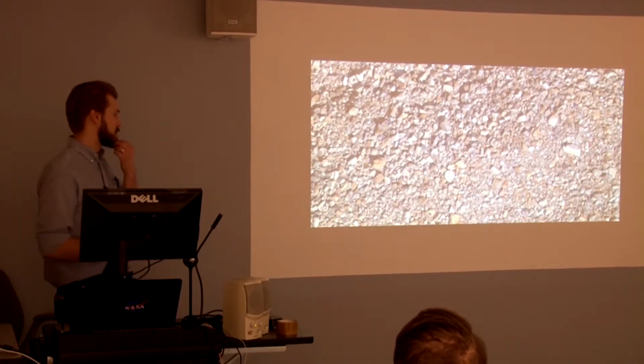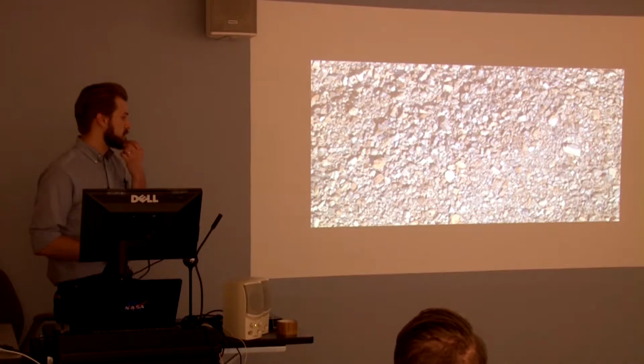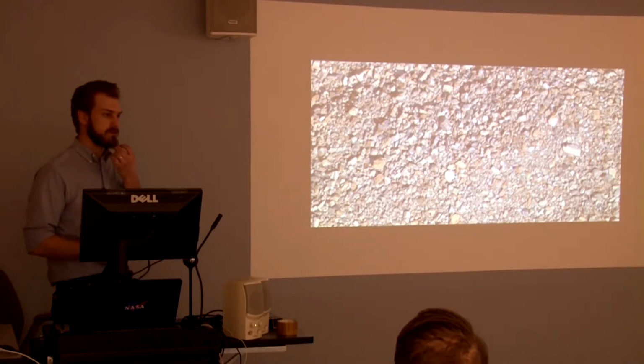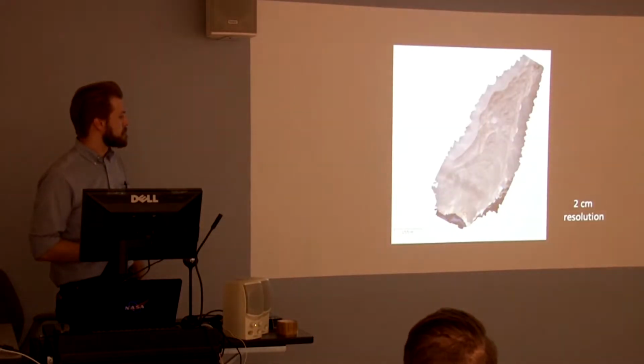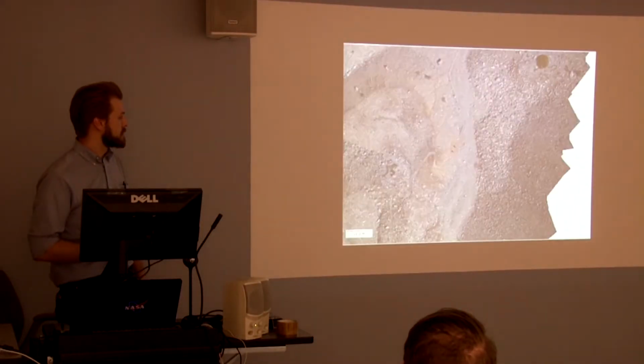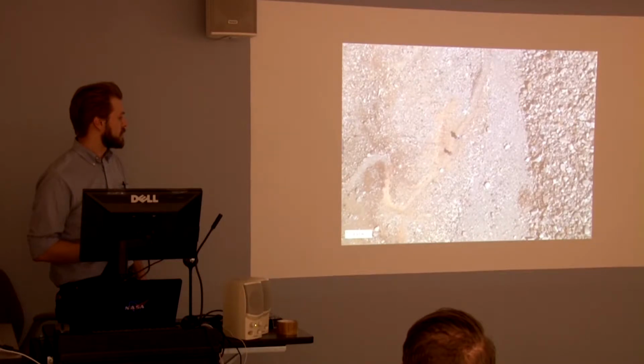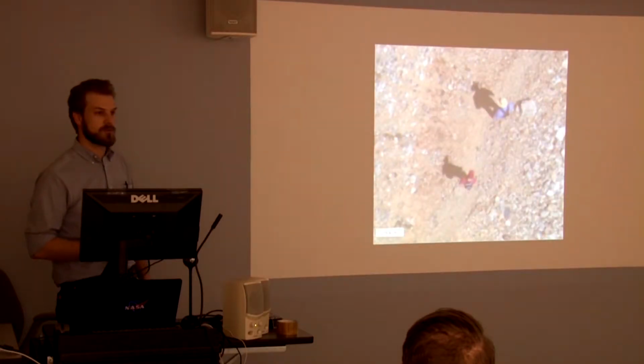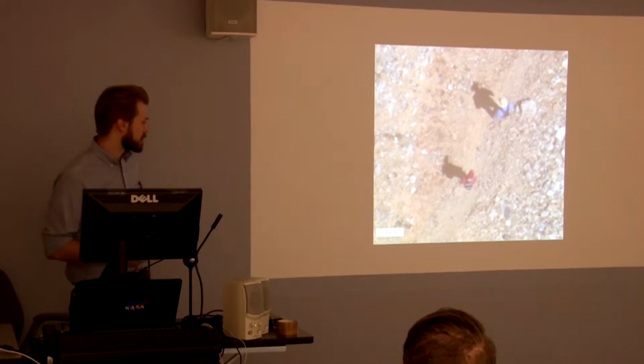Something we're going to be doing next is looking at surface velocity fields by feature tracking. Again, 2 centimeters, and we're able to find Brian and John Morgan out there on the rock glacier collecting accuracy points.